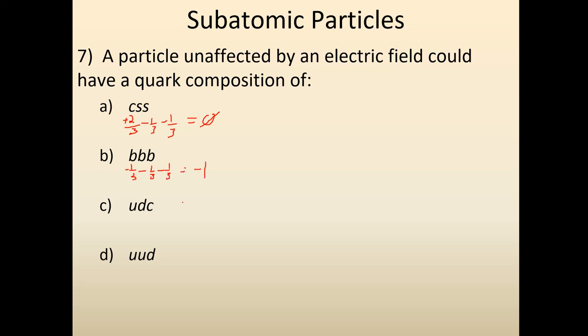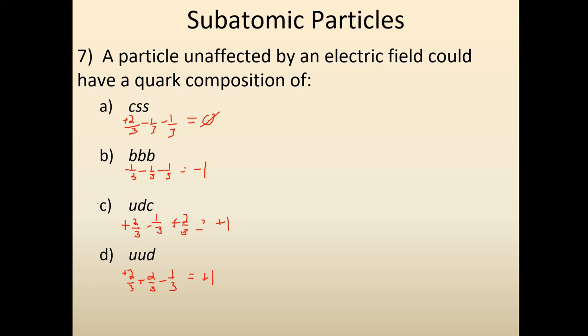That gets me -1. Up, down, charm, that would be +2/3, minus 1/3, +2/3. That gets us +1. And then up, up, down would be +2/3, +2/3, minus 1/3, which gets me +1.